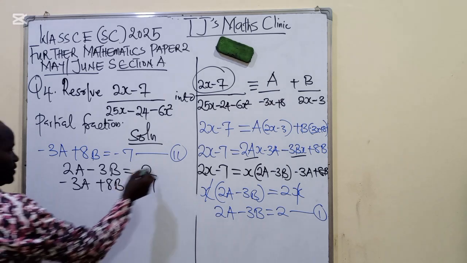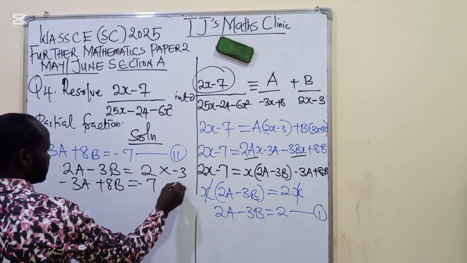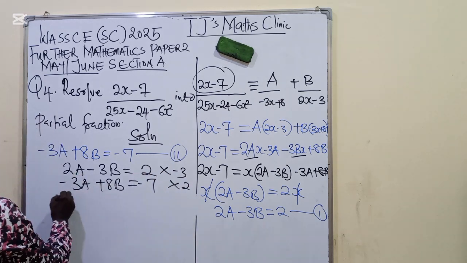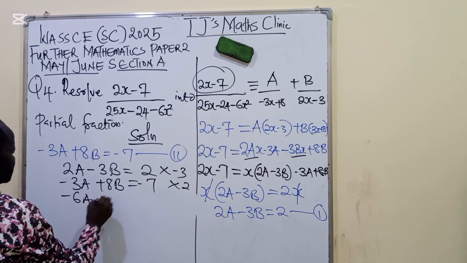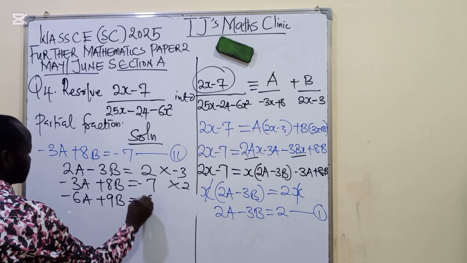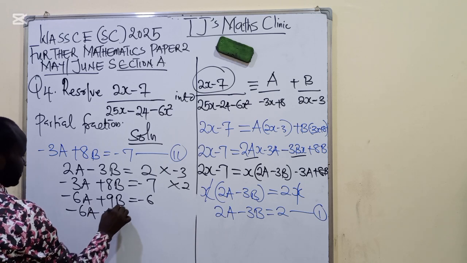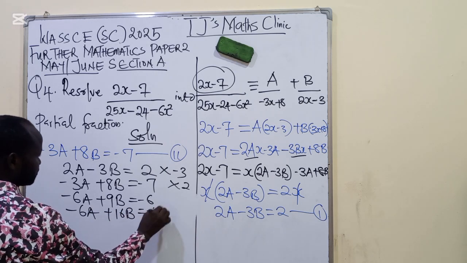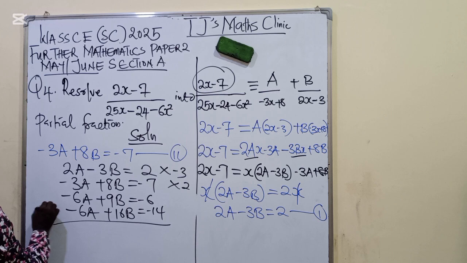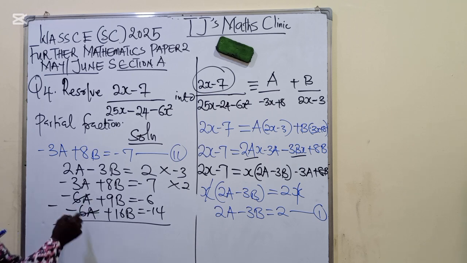Let's eliminate a. Let's multiply this by minus 3, then multiply this by 2. This will be minus 6a plus 9b equals minus 6, and minus 6a plus 16b equals minus 14. Let's subtract so that a will go.